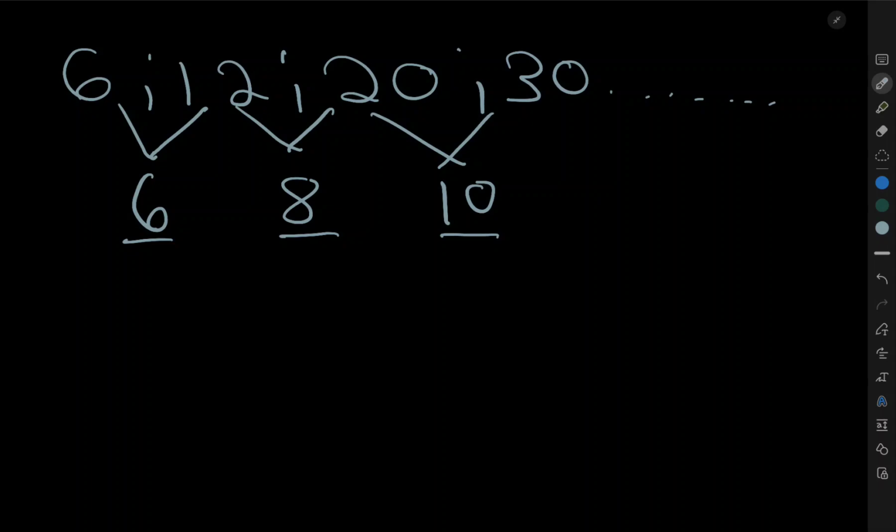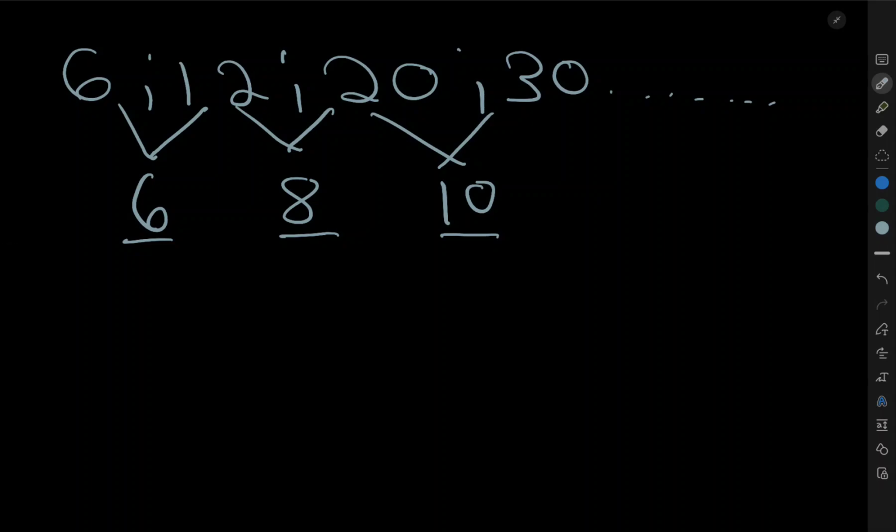But in this case, we don't have a constant first difference. The difference between the first and the second term is 6, between the second and the third term is 8, and between the third term and fourth is 10. So we don't really have a common difference.